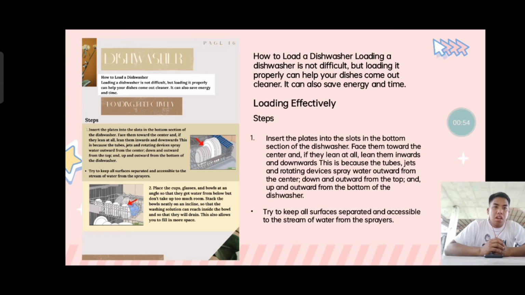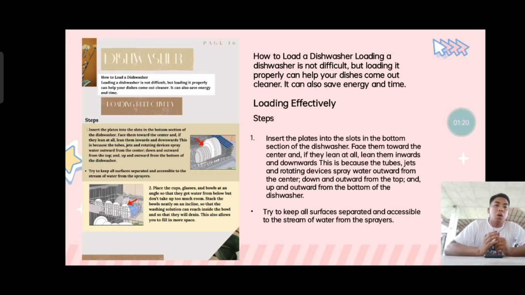First step, insert the plates into the slots in the bottom section of the dishwasher. Face them towards the center, and if they lean at all, lean them inwards and downwards. This is because the tubes, jets and rotating devices spray water outward from the center, down and outward from the top, and up and outward from the bottom of the dishwasher.